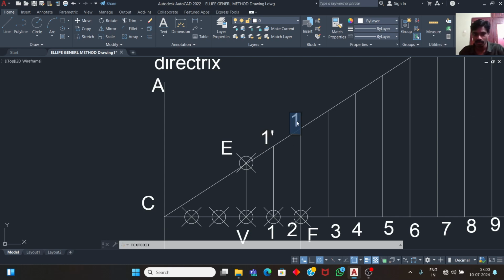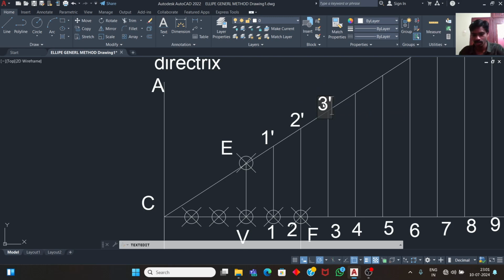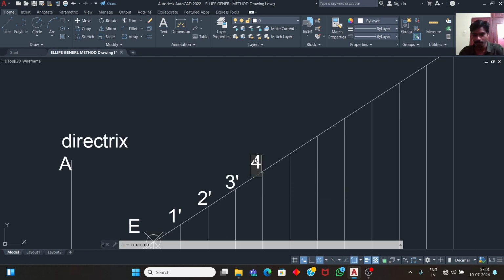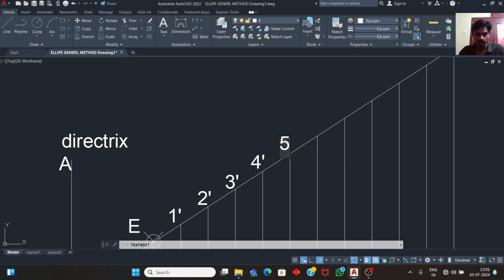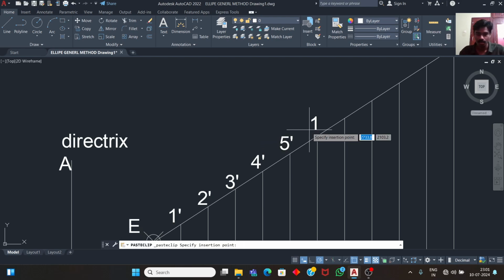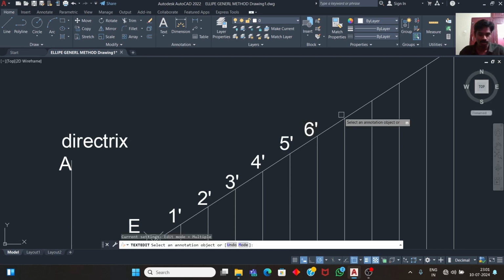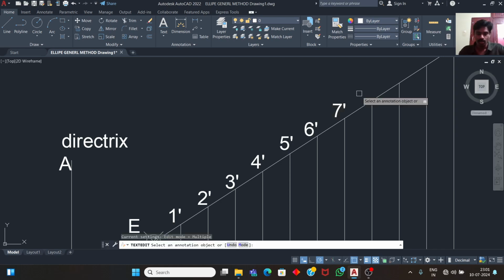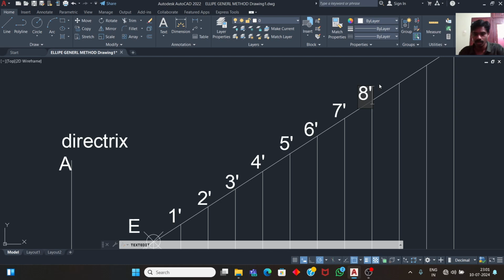This is the point 2 dash. This is 6 dash, 7 dash.